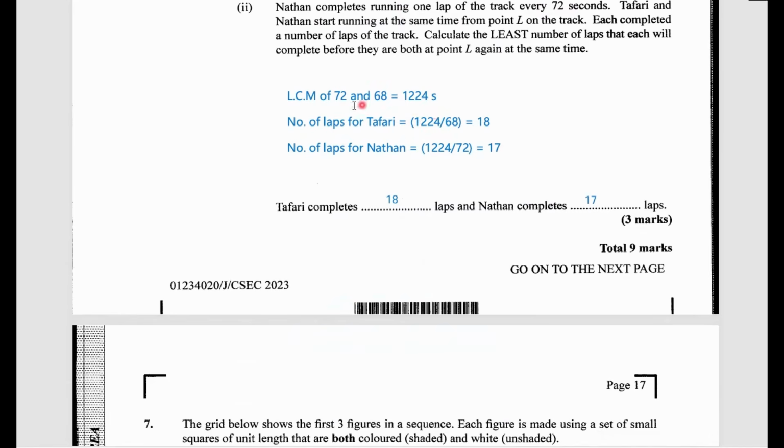Another trick is you use the larger number, 72, and keep on going multiples of that. You may have to move a little fast there, but you know the answer is 1224, and you divide 1224 by 68 for Tafari to get 18, while you divide 1224 by 72 for Nathan to get 17 laps. 18 for Tafari, 17 for Nathan.